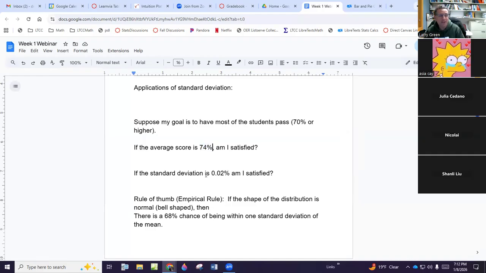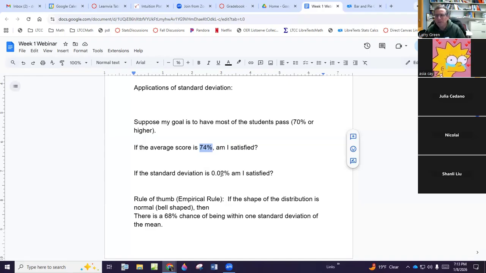On the other hand, if the standard deviation was 0.02% and the mean was 74%, now am I satisfied? What do you think? Yeah, so the answer now is yes, because that means just about everyone got exactly 74%. The average distance from 74% was 0.02%.